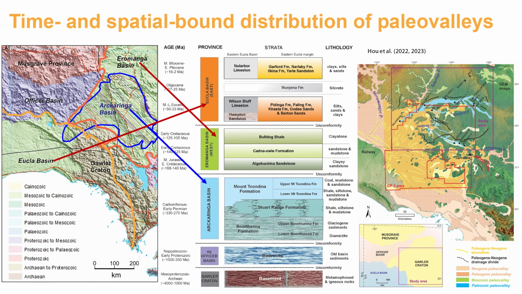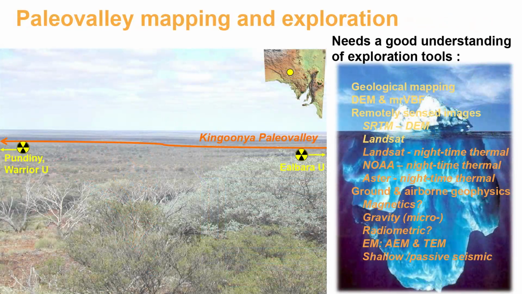So we need to work out the relationship between these generations. This unconformity separates these sediments, and then we want to work out these sedimentary phases. For mapping, it's not easy and also not complicated, but we should know what kind of method we can use. This is very important.